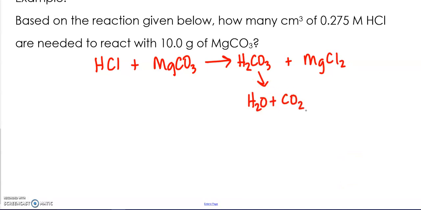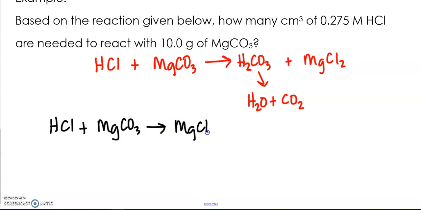So my actual reaction is going to be HCl plus magnesium carbonate will make magnesium chloride, water, and CO2. All right, and we'll do more practice with these carbonate reactions. Okay, so now let's balance this, which would give us a 2 here.